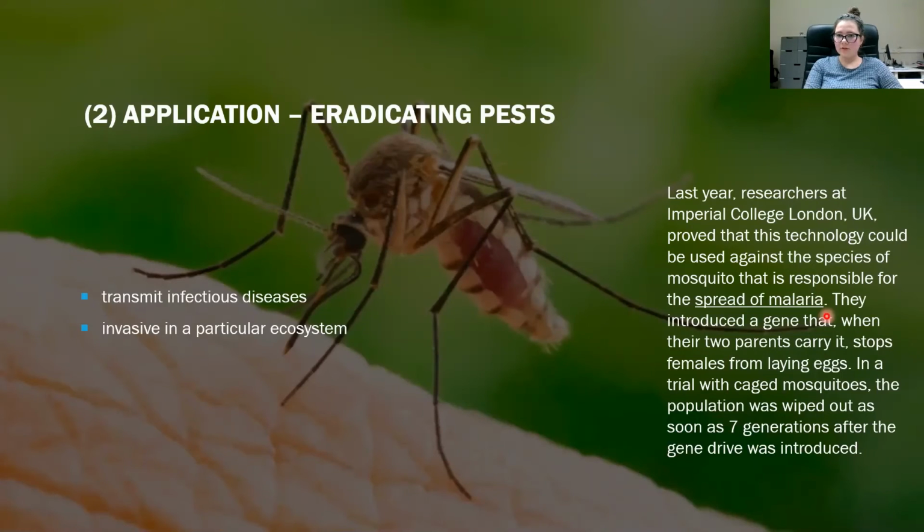So they introduced a gene such that when both parents carry that gene, those insects stop laying eggs, and in a trial with caged mosquitoes, the population was wiped out as soon as 7 generations after the gene drive was introduced.